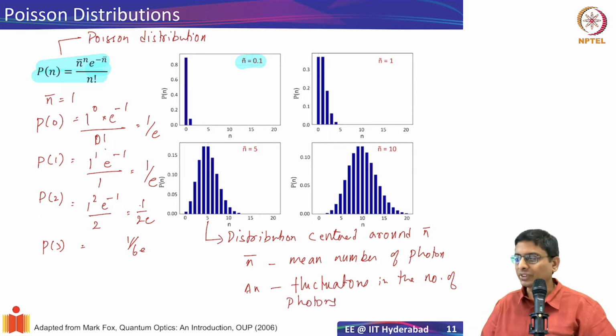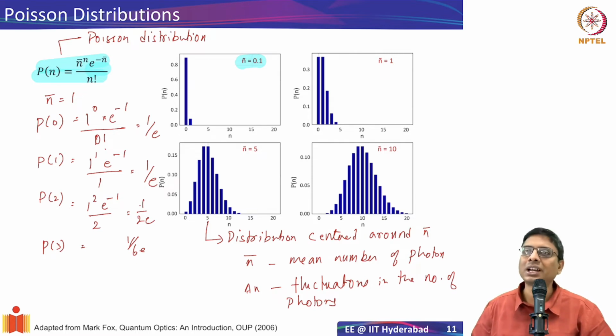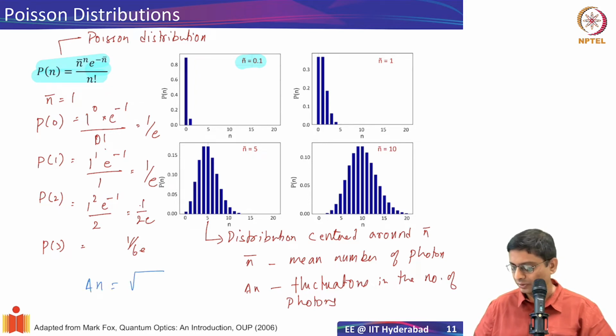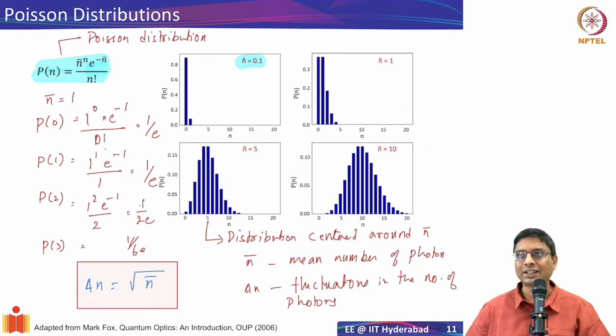A Poisson distribution has a very characteristic feature: the fluctuation is the square root of the average number. So delta n is the square root of n bar. All the graphs here are plotted with that assumption.